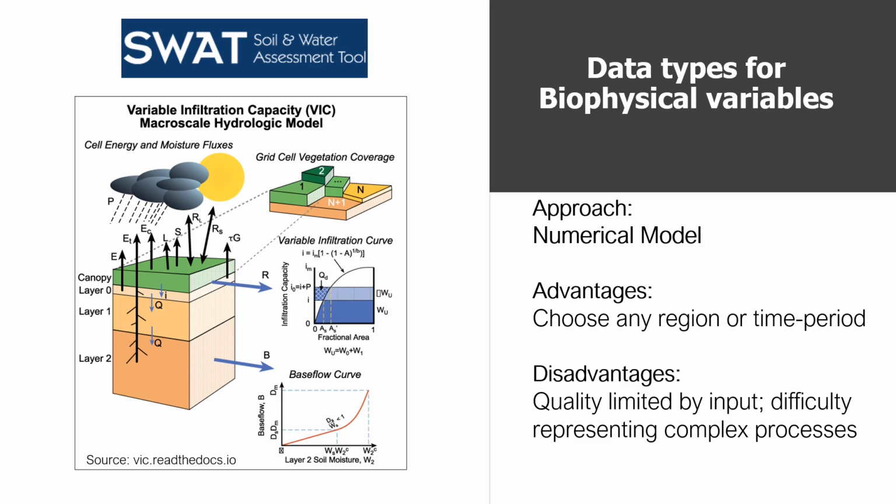Finally, the third option is use of numerical models. These models ingest both in situ and remotely sensed data to provide continuous coverage of data for a region or a time period. As with every numerical model, the quality of the inputs and the understanding of the underlying phenomena dictates the quality of the outputs.